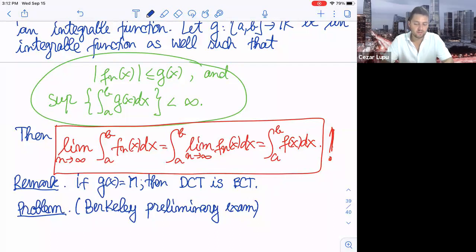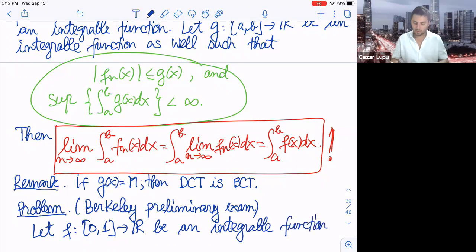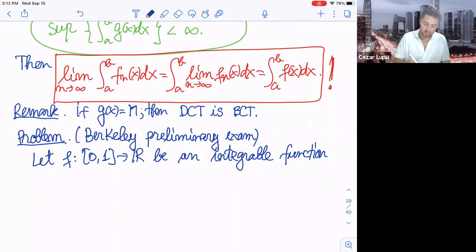Well, of course, it has an elementary solution, not just one using more advanced stuff such as the dominated convergence theorem. The problem says the following. Let f be a real-valued integrable function defined on [0, 1] that is continuous at the point x equals 1.